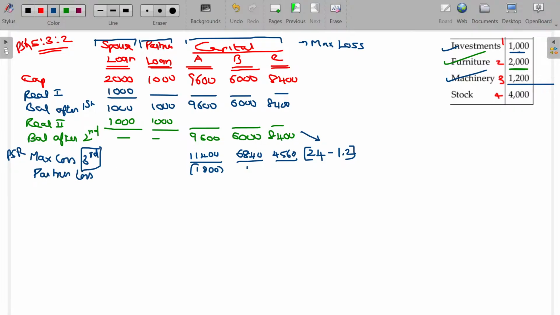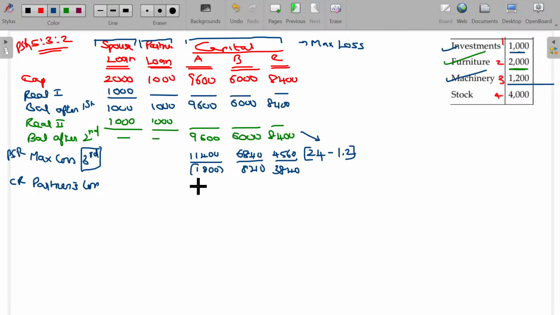Here 840 gain. And here 3,840 payable. And partners loss will be adjusted using which ratio? Capital ratio.